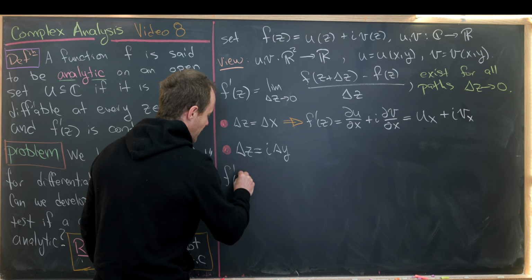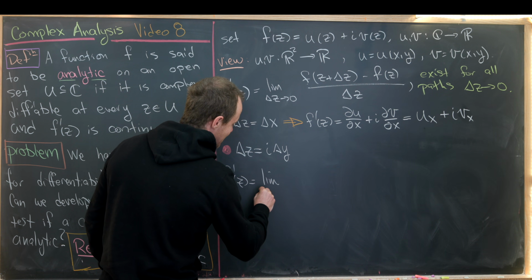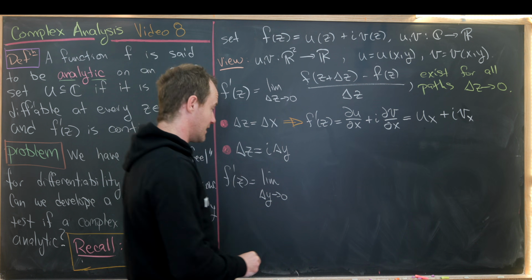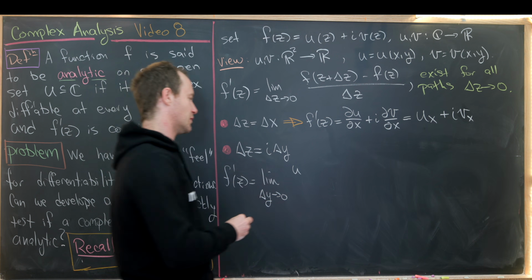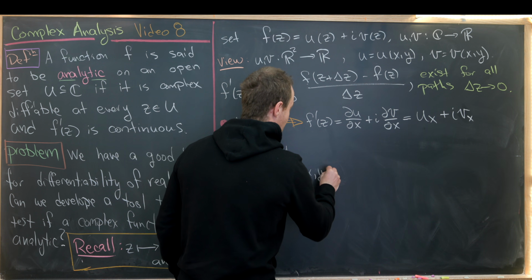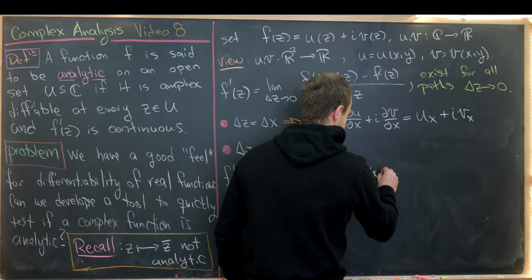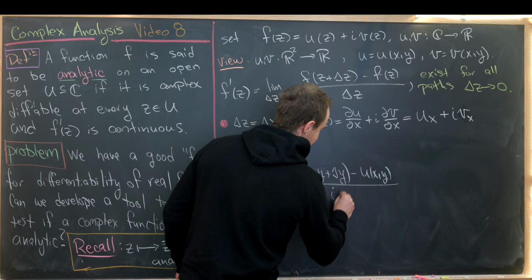So we have f prime of z is equal to the limit as delta y approaches 0 of, well, let's see what we'll have. I'll skip maybe one of the intermediate steps, but we'll have something like this. u of x comma y plus delta y minus u of xy over i times delta y.